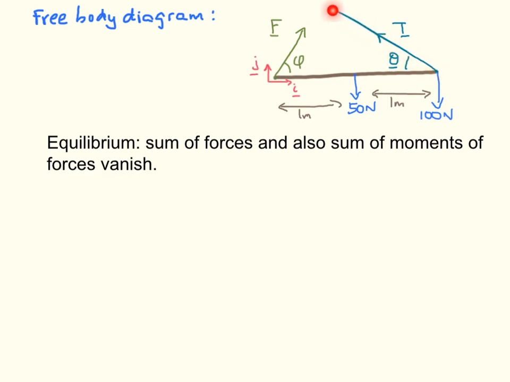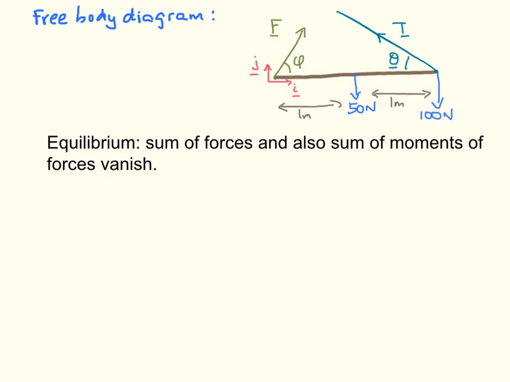We have the tension along the light cable at the angle we've just calculated. We have the reaction force F off the wall at an angle that we don't yet know, and I've also drawn here Cartesian coordinates, and if we remember that this is 2 meters long, the distance from here to here is 1 meter, and the distance from here to here is 1 meter.